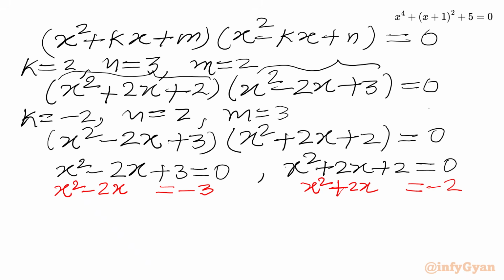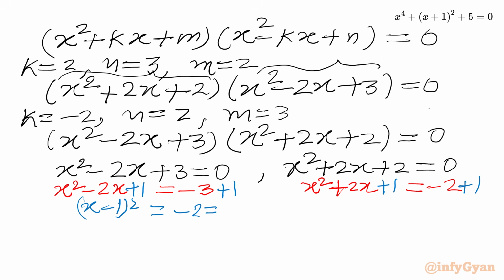Now we will be adding 1 to both sides of both equations. The left hand side of the first equation would be x minus 1 whole square, and the right hand side is minus 3 plus 1, minus 2. Square is negative, so we are going to get complex solutions.